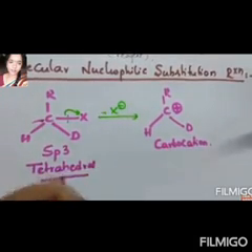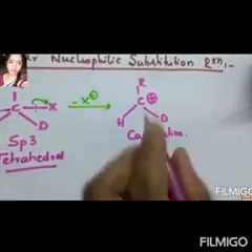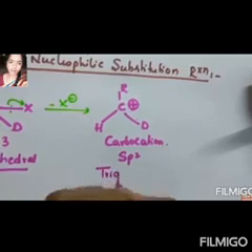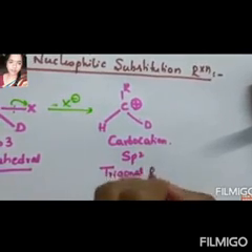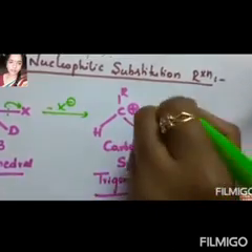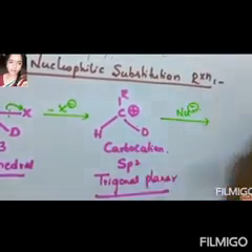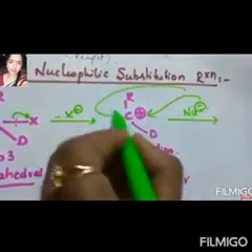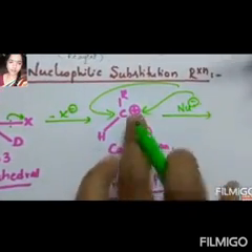Is it clear? Now we are going to check the hybridization. On the reactant side, the carbon hybridization is sp3. After we remove the halo group, it forms a carbocation, so the hybridization changes to sp2. So the geometry is trigonal planar.